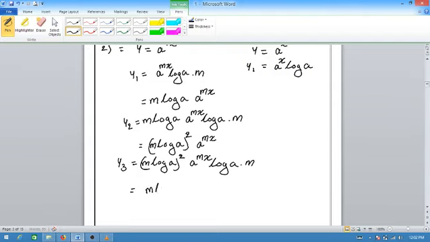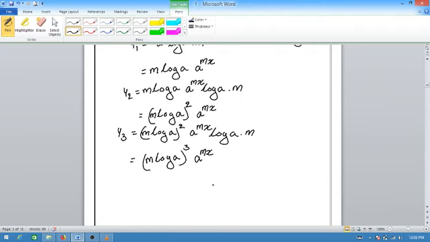So therefore m cube into log a whole cube into a to the power of mx. So this is the third derivative. If I continue like this, we will arrive at the nth derivative. So therefore yn is equal to m into log a.